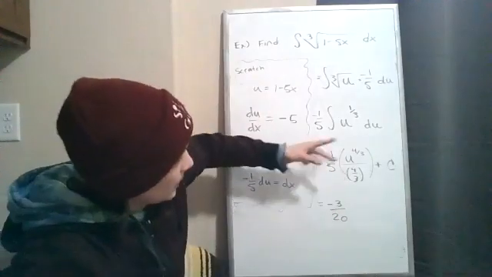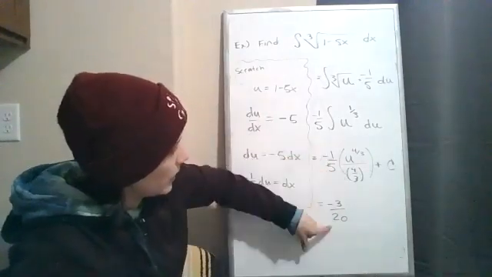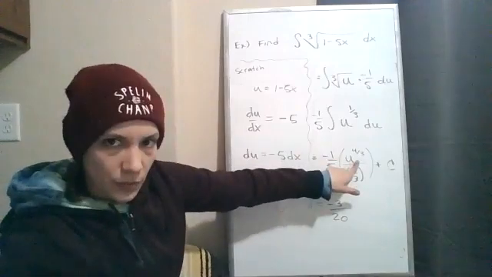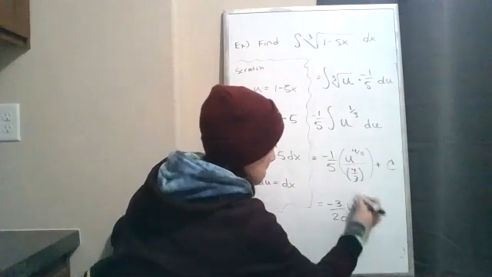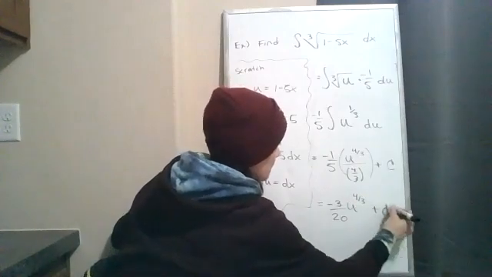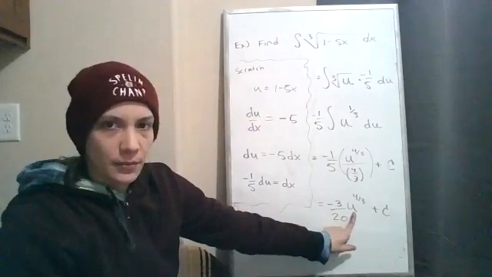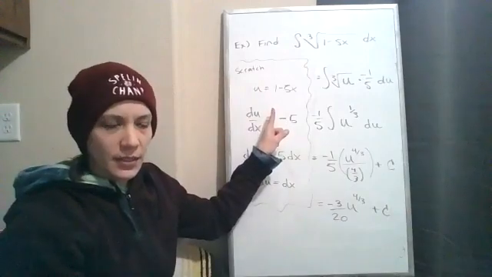Make sure I did that right. So you'd have the 3 on the top and the 4 times 5 on the bottom. u to the 4/3 plus c. Okay, now let's put in u. u was 1 minus 5x.